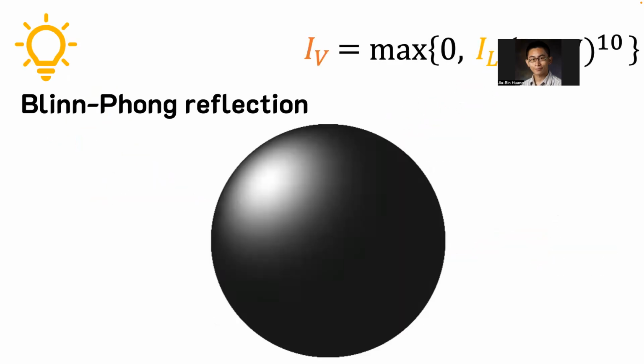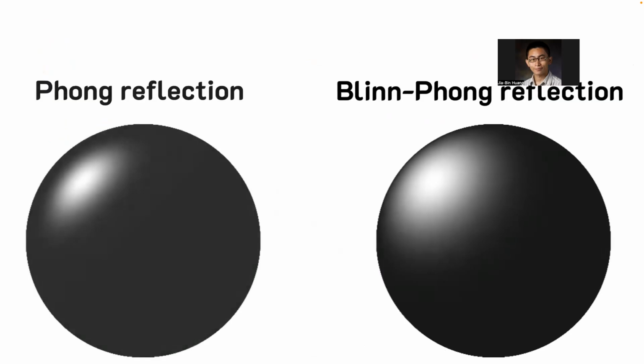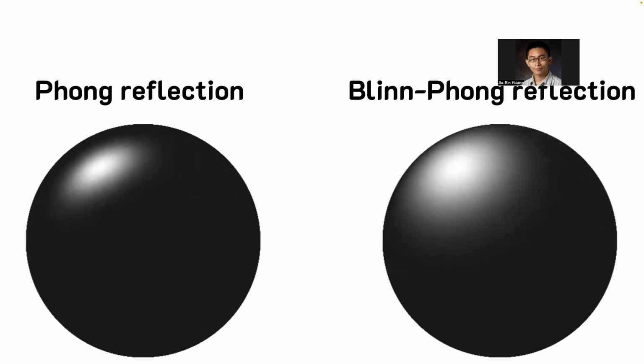Okay, and this is called the Blinn-Phong reflection model. So this will make sure that the reflection looks more natural. Okay, so you can see it looks more symmetric. So let's see the comparisons. Okay. So on the right-hand side, it looks more natural. So this is just a different way of characterizing a reflection model.